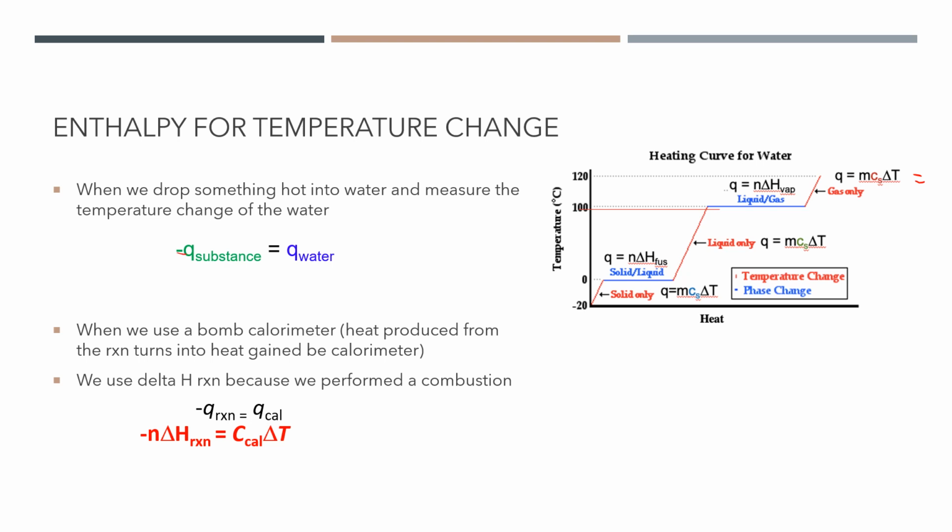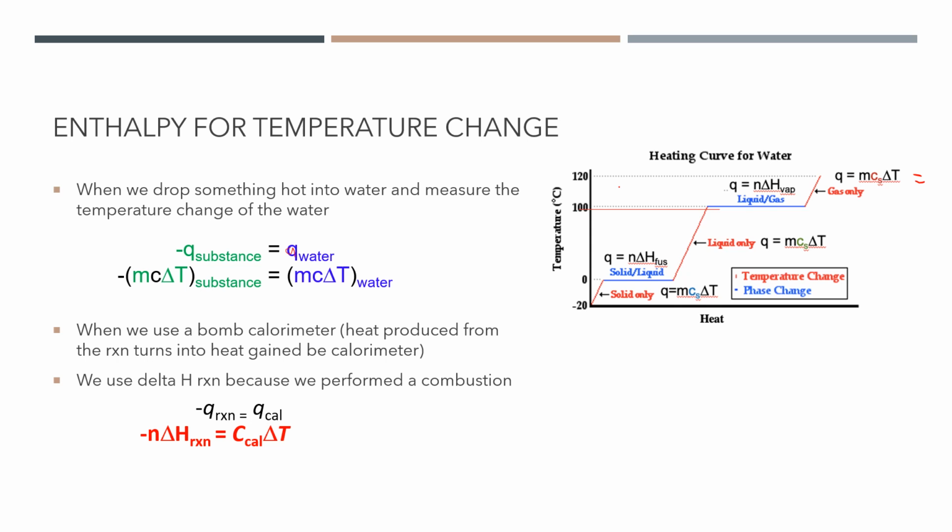What you do is you set one of them negative, one of them positive. The Q transferred is going to be equal because that heat has to go somewhere. So I would set the Q of the water, since it's gaining that heat, to be positive. Whatever you're dropping in there, if it's hot, it's going to be negative Q. And if it's the reverse, say you're dropping a cold thing in there, it would be positive, but that would be reversed. Then you could set those equations equal to each other.